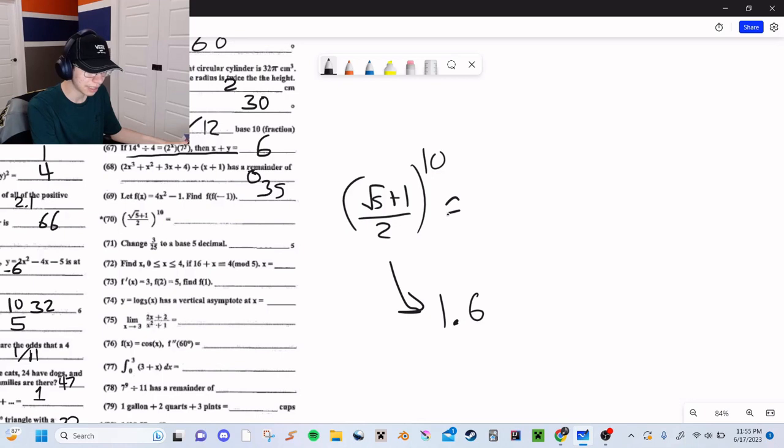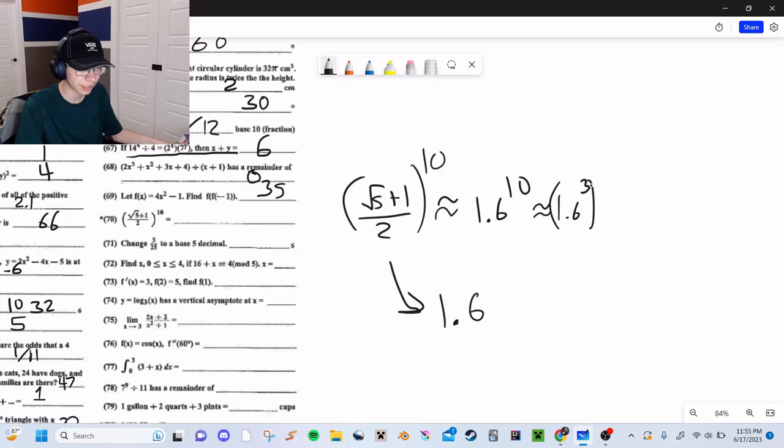I'm thinking that this is basically 1.6 to the 10. But then we'll add some amount later, right? And so it's like 1.6 cubed times another 6. The reason I'm saying that is because I know what 1.6 cubed is, because it's like 16 cubed.